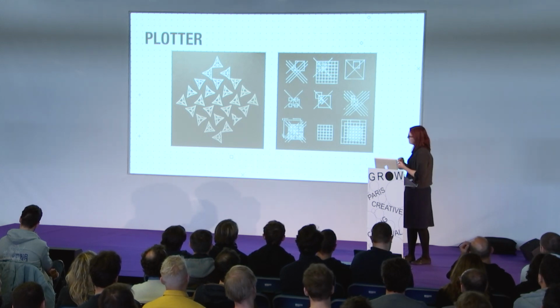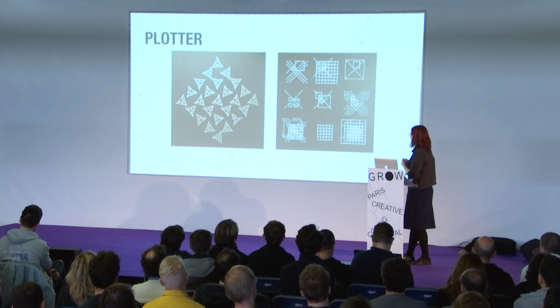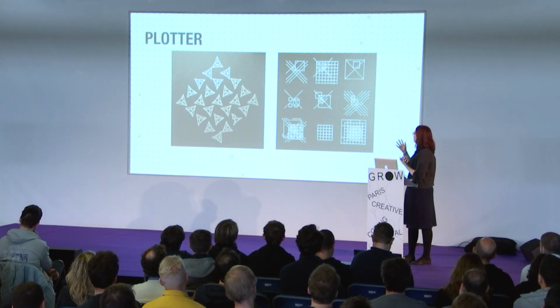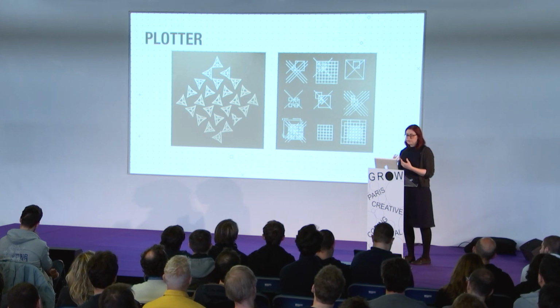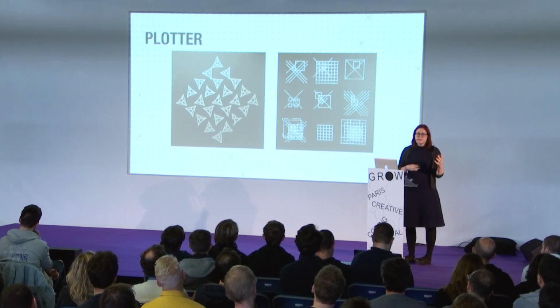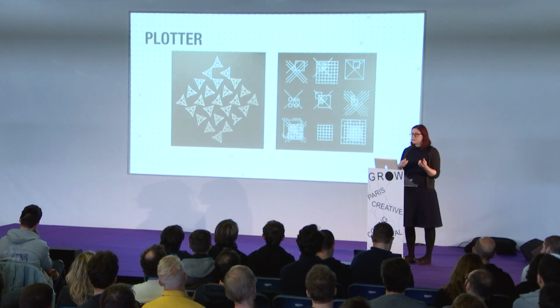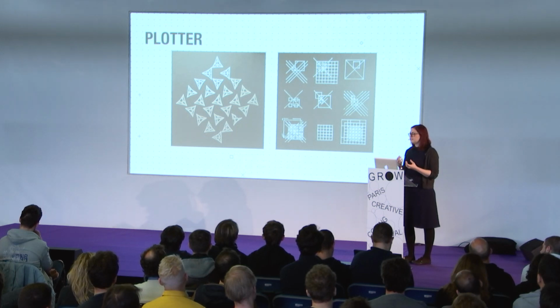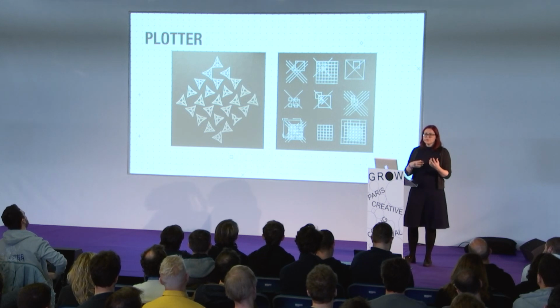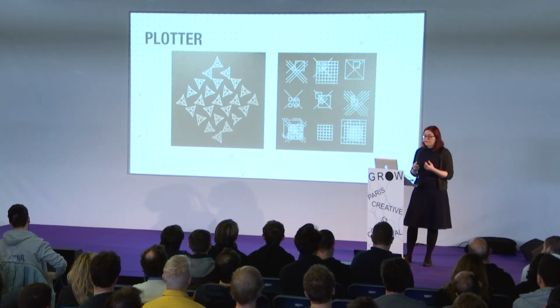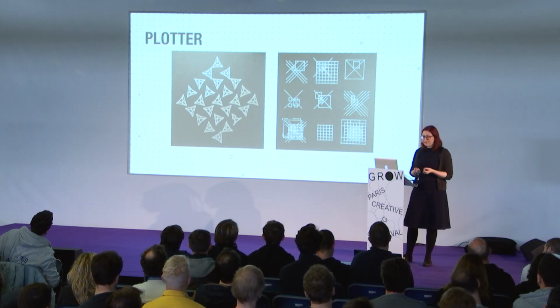On the left, there is something missing, if you can find it, and on the right, you can see that not all the lines are perfectly drawn. So it's interesting to use machines and to make it physical, because it's never going to be perfect. And it's also kind of breaking the idea of making everything perfect.